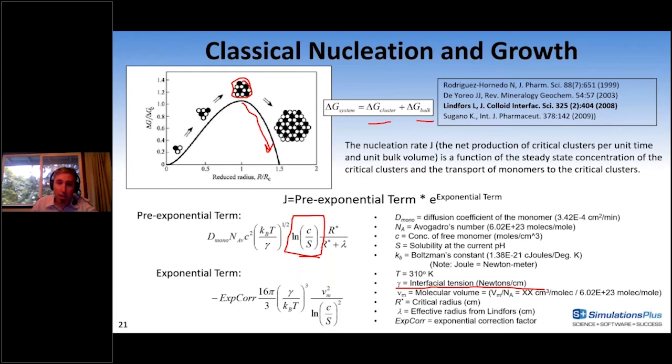It also takes into account the surface integration process. So this R star over R star plus gamma uses this effective radius from Lin et al. And what that does is, if that value is a large value, it makes the growth of the crystal a surface integration process, where it's limited by surface integration, and that could be because there are excipients around that are causing the crystallization to be poisoned at the surface.